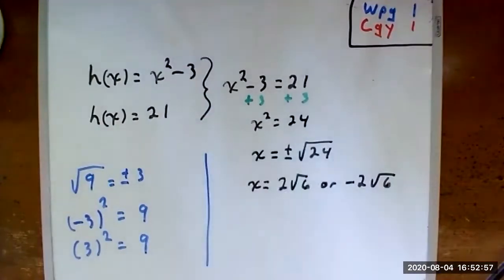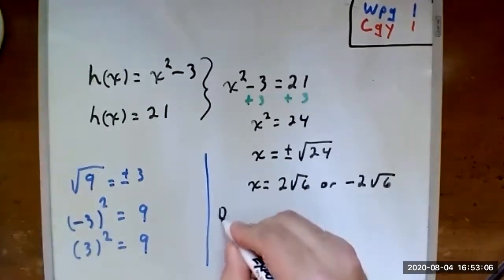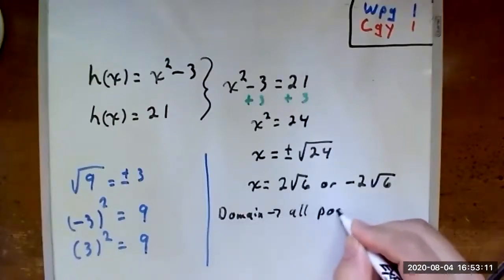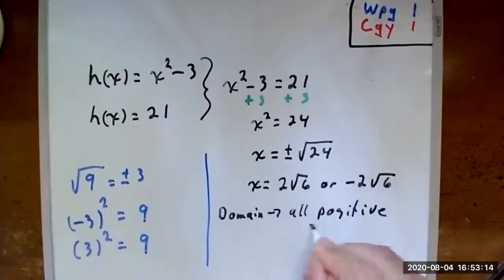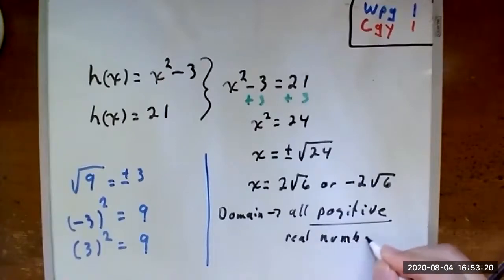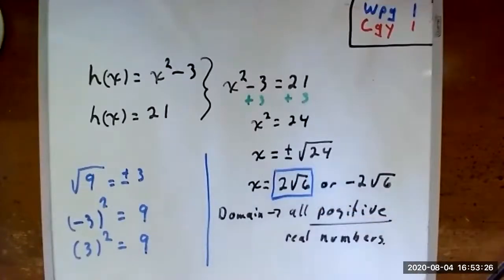In relation to that, we then start to look at what are the possible restrictions on the domain. So our answer here is going to depend on what our domain actually is, what we're allowed to use for our x values. For example, if our domain was all positive real numbers, then we would just want that answer.